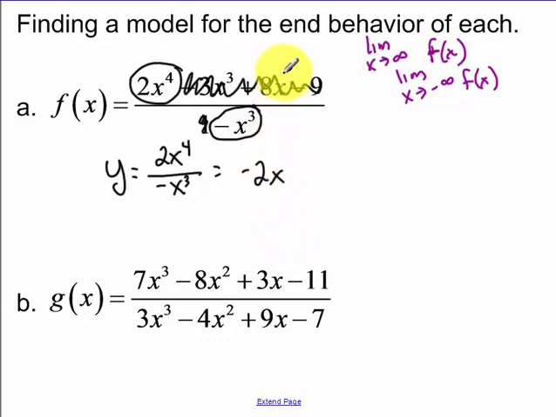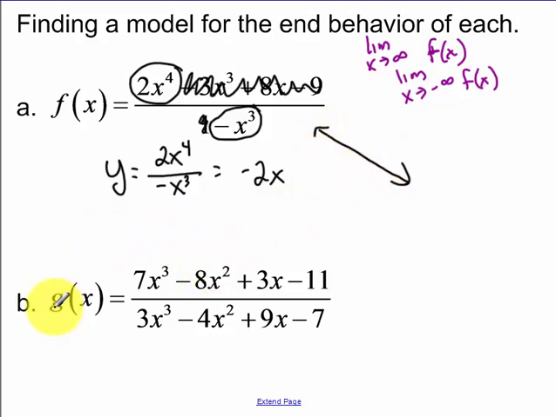So the end behavior, or the limit, would be: as x gets really, really big, what's happening? As x gets really, really small, what's happening? In this case, personally, I would say there's no horizontal asymptote, because the end behavior is some sort of line.